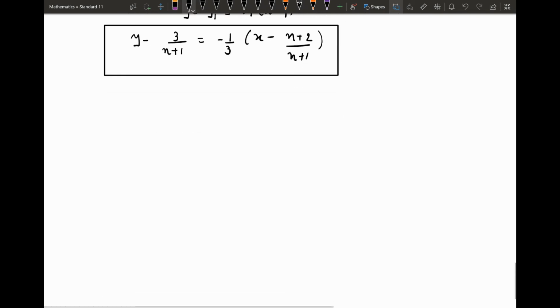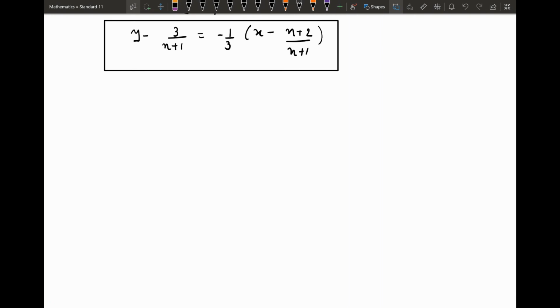Once you simplify this equation, as an answer you will get x into (n + 1) plus 3 into (n + 1) into y equals n plus 11.